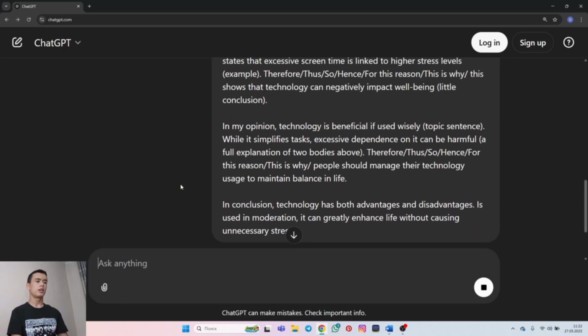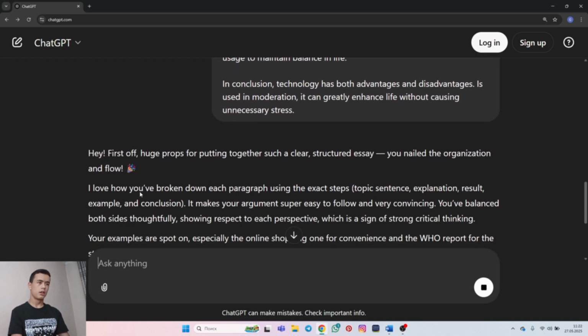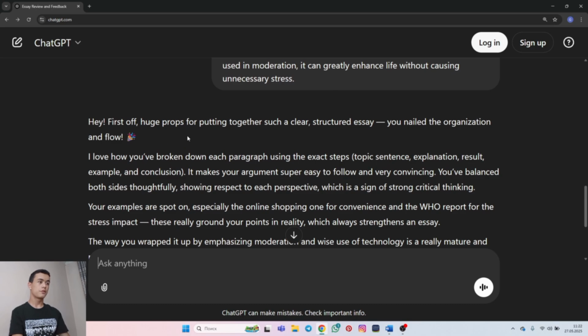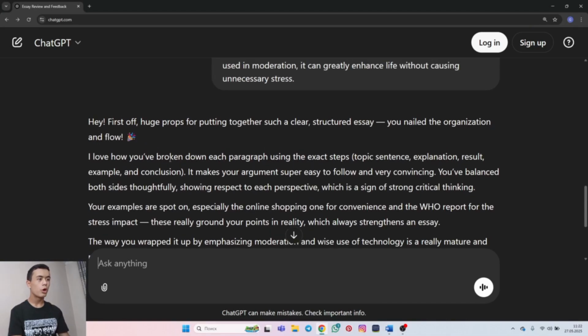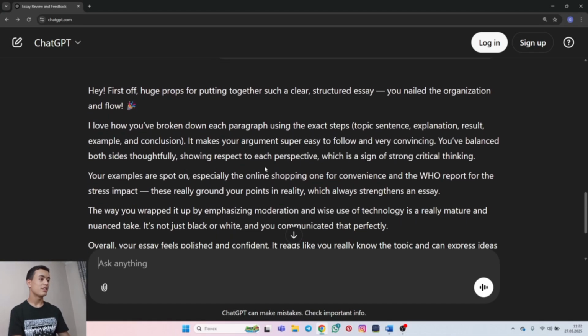Okay, let's start. Hey, huge props for putting together. I love how you've broken down each paragraph using exact steps: topic sentence, explanation, result, example, and conclusion. It makes your argument super easy to follow and very convincing.